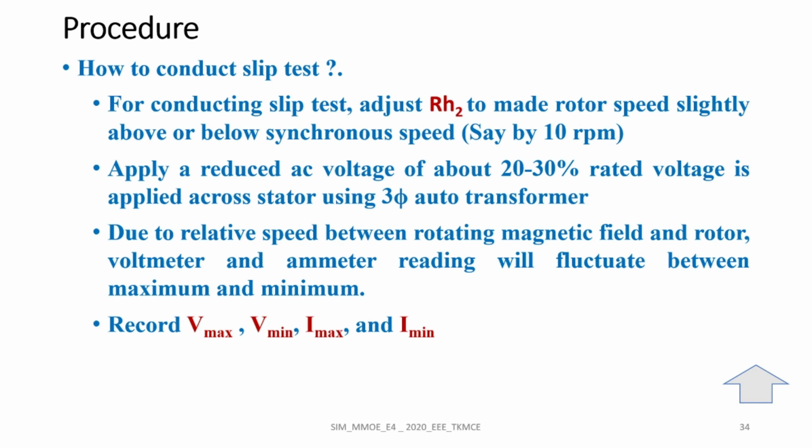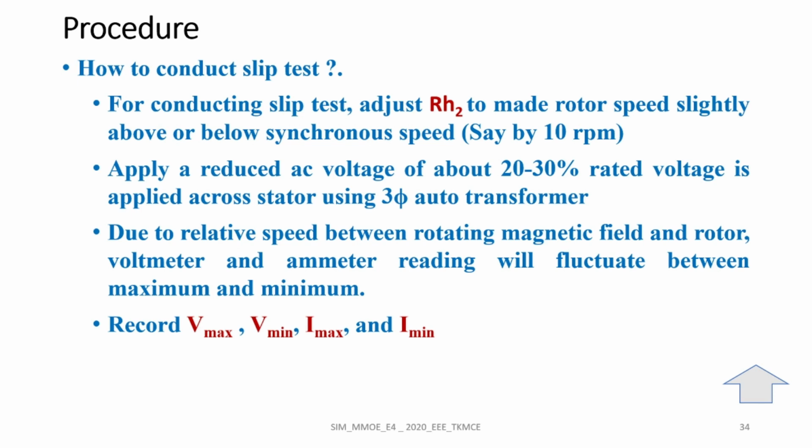After increasing the speed to 1510 rpm, we need to apply a reduced AC voltage of about 20 to 30% of rated voltage across the stator using the three-phase auto transformer. Now, whenever three-phase supply is given to the three-phase armature winding, a rotating magnetic field is generated which rotates at synchronous speed.